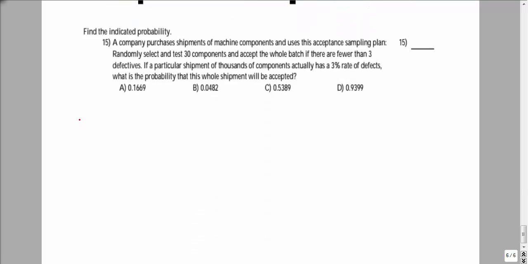Okay, so for 15, it looks like we're also kind of looking at a binomial distribution. So to see what our components are, first of all, it looks like we have our sample size of 30, so we have 30 trials known in advance, and we're talking about the number of defects. Now we will accept the batch if fewer than 3 are defective.